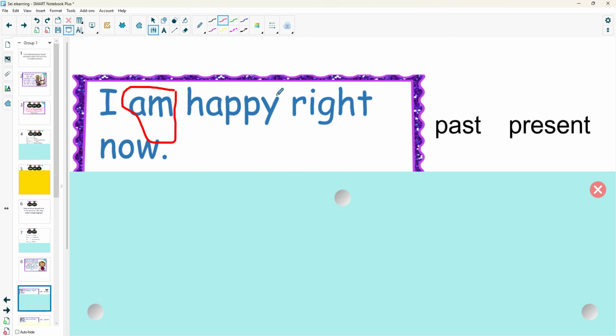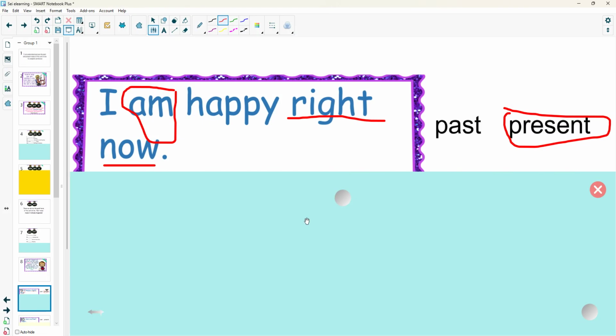Now, they want to know, is this sentence in the past? It already happened? Or is this in the present? It's happening right now. Look at this clue right here. It says right now. Well, the definition of present is happening right now. So I know that this is happening in the present.